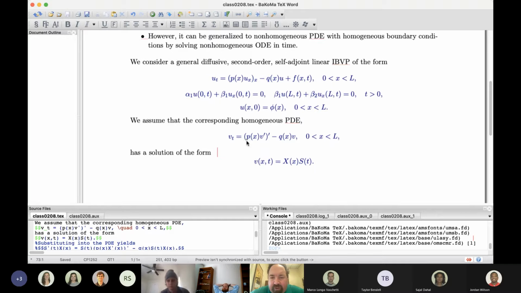Because it's homogeneous, this we can go ahead and solve by separation of variables. Because we use the same boundary conditions, the boundary conditions are homogeneous.